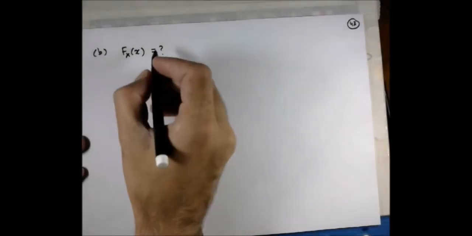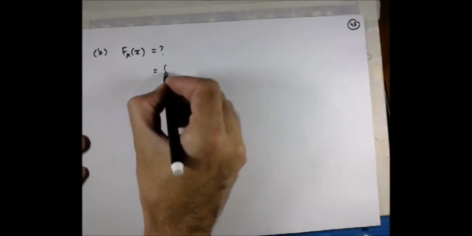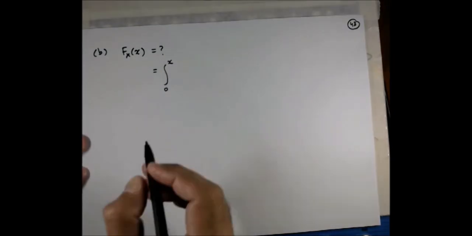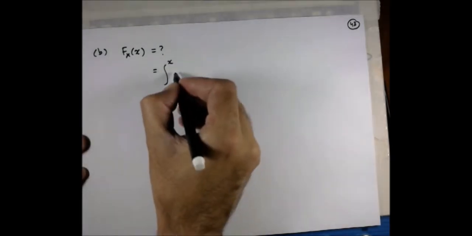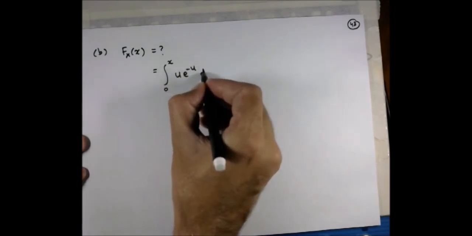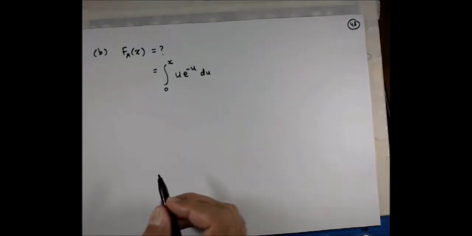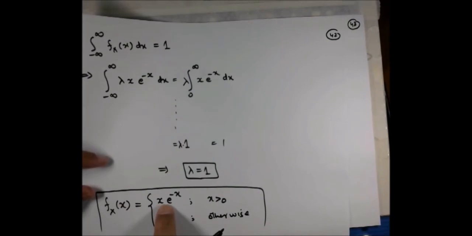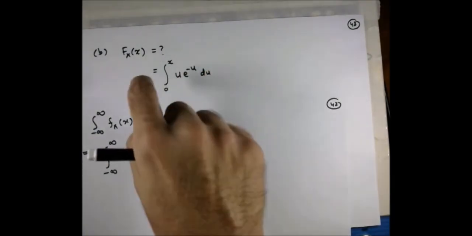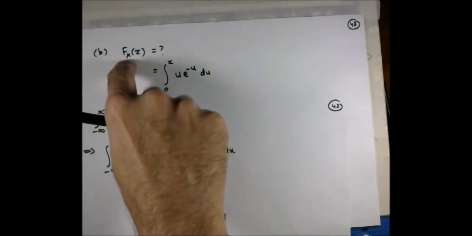So you can find this CDF by integrating from 0 till x, u e raised to power minus u du. I have replaced the expression and the variable x with a dummy variable u, so that when you have integrated this all, you take back the variable x, the term x here.